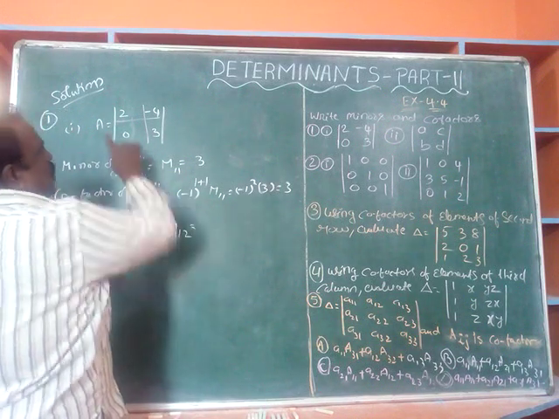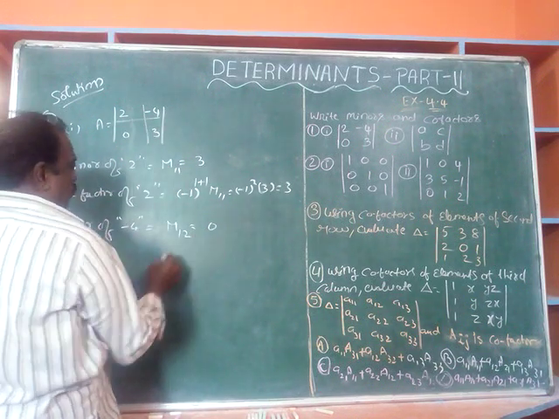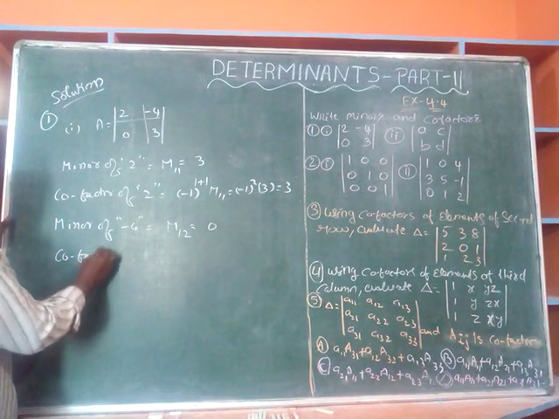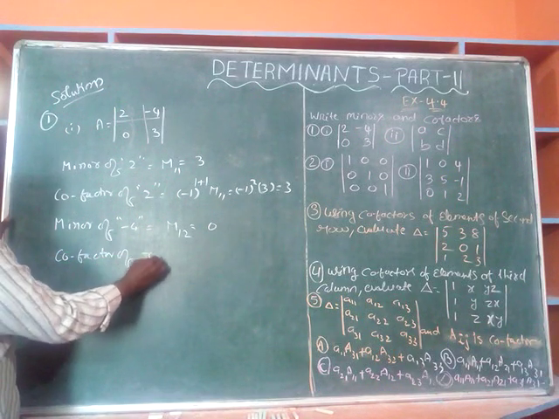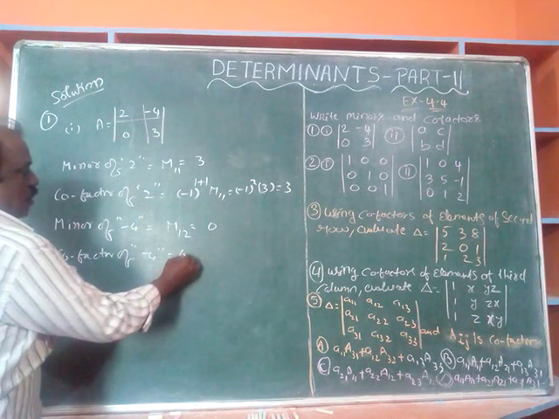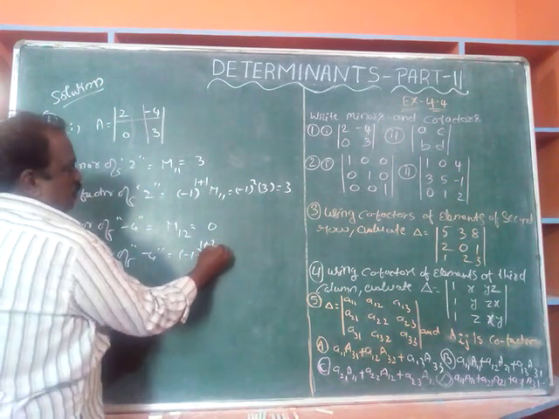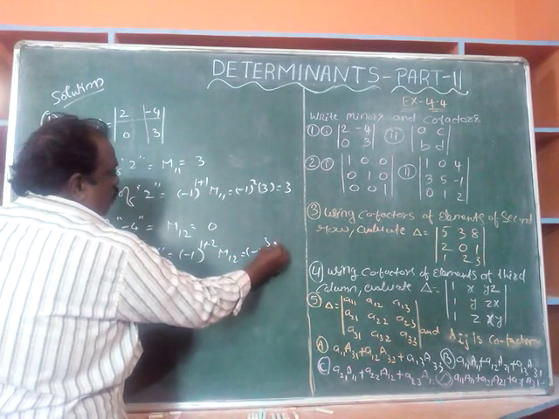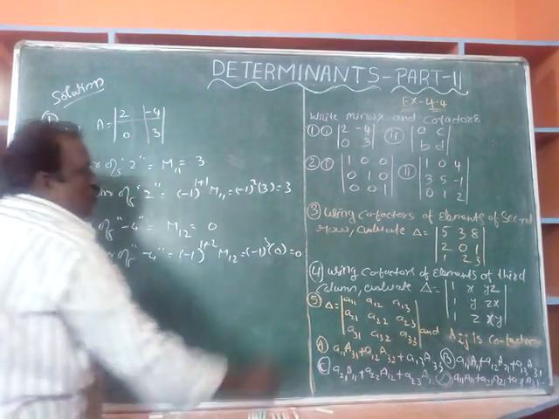After deleting the row and column we get a 0. But the cofactor of -4 is (-1) power 1 plus 2 times M12. It is (-1) cube into 0. So it is 0.